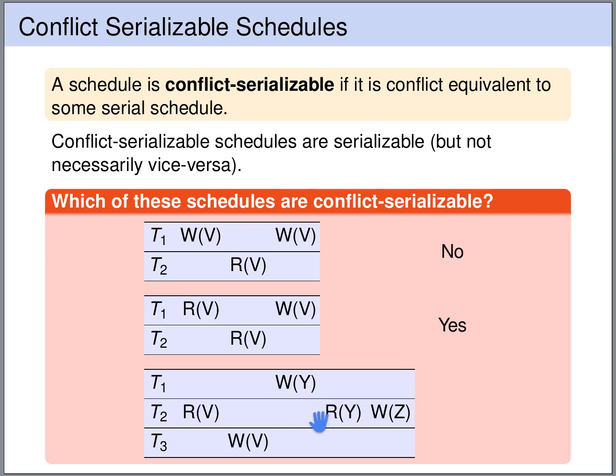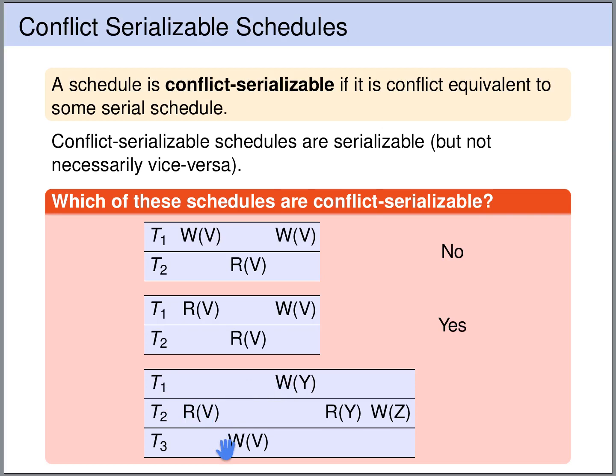So we cannot swap these two actions. This means T1 must be executed before T2. So let's summarize. We know that T2 must be before T3 and T1 must be before T2. So if there is a possibility to transform this into a serial schedule, then we have to bring T1 in front, followed by T2, followed by T3.